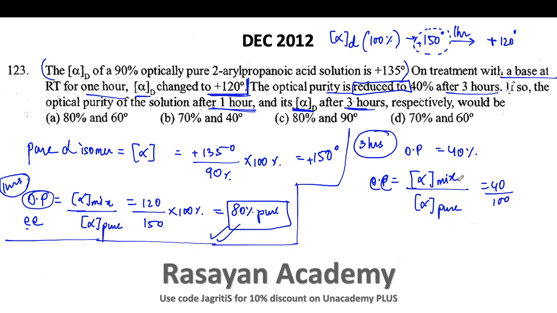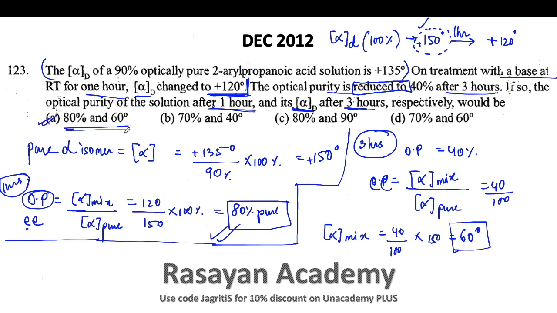You have to find out the alpha mix over here. So the specific rotation of the mixture after 3 hours will be 40 divided by 100 into alpha pure, which we have just found out, 150 degrees. Okay, so this is going to come out 60 degree over here. So your answer is supposed to be 80% and 60 degree.